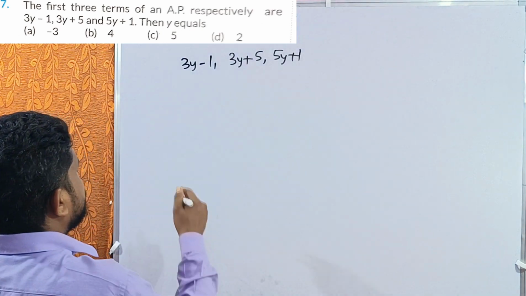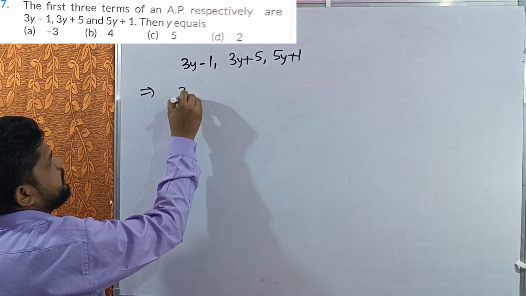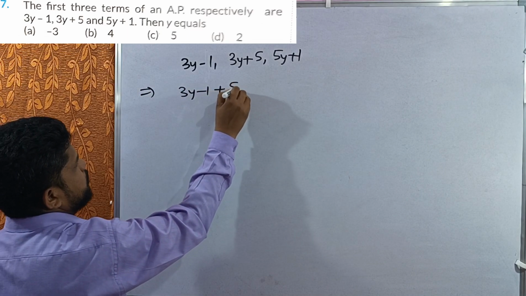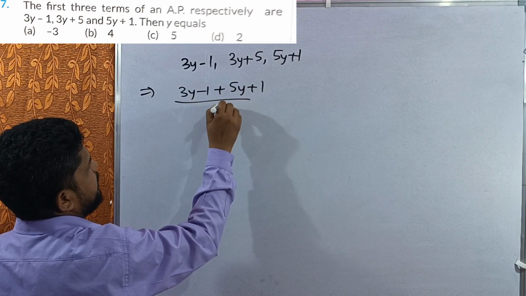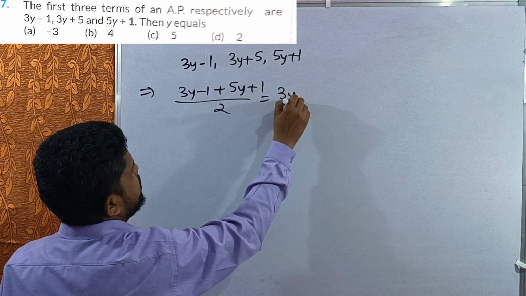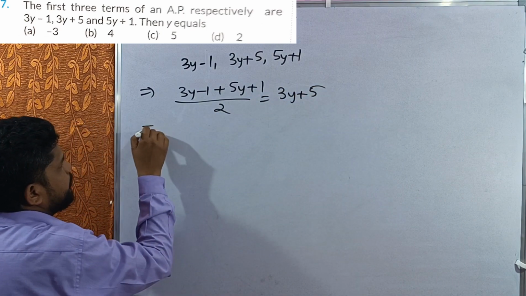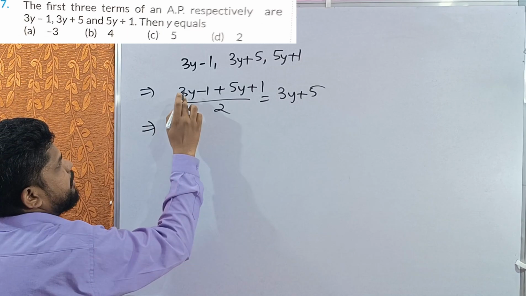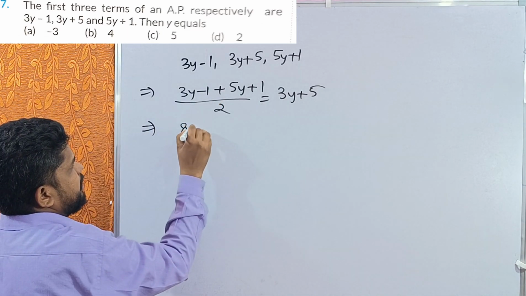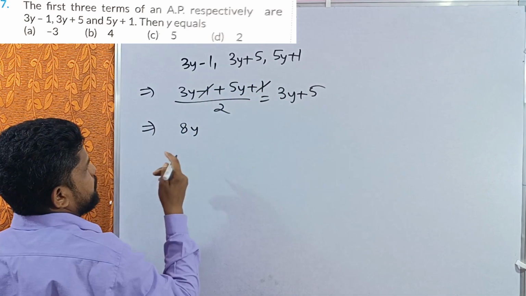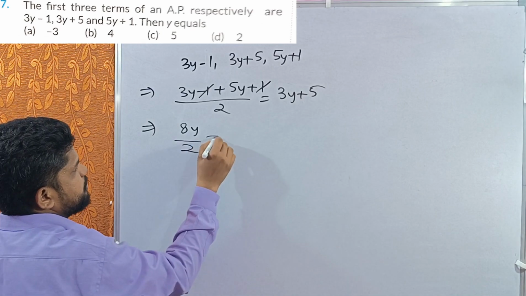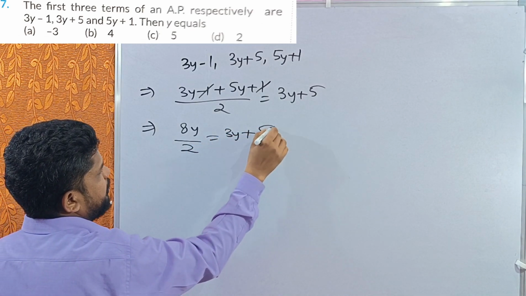So for this question, this will be 3y minus 1 plus 5y plus 1 divided by 2. That should be equal to 3y plus 5. Okay, so here 3y plus 5y is 8y, minus 1 plus 1 will get cancelled out, divided by 2, which is equal to 3y plus 5.